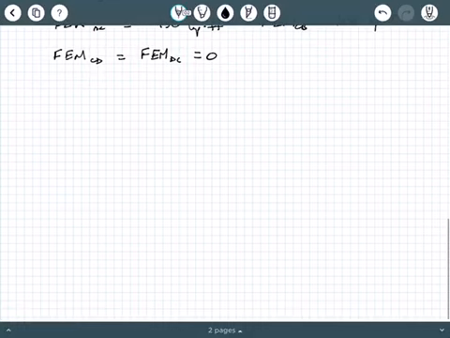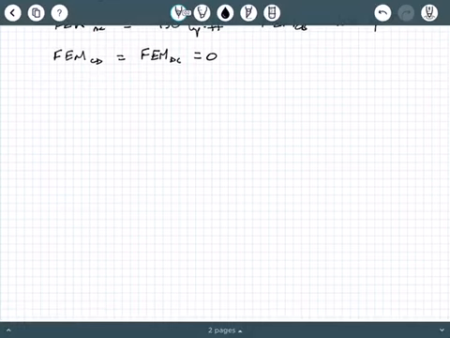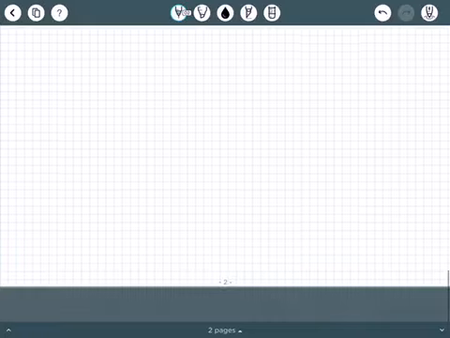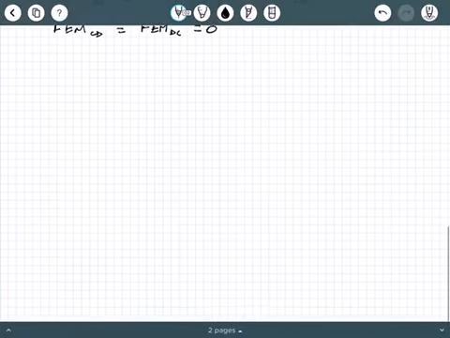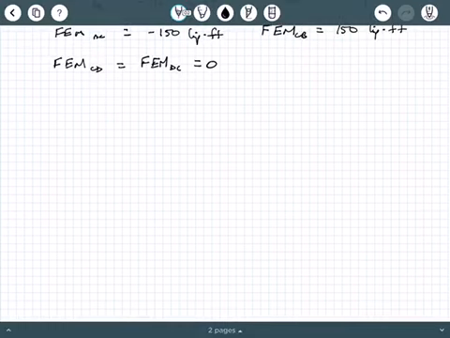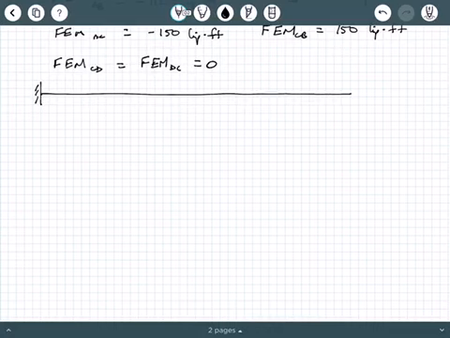So at this point, we're about ready to make our table, just like we did in the last example. So I'm going to spread this out, and let's see how much room we have left on this page. That should be enough. So we're going to have a fixed connection here. There's A, and spread that out so we have a lot of room.